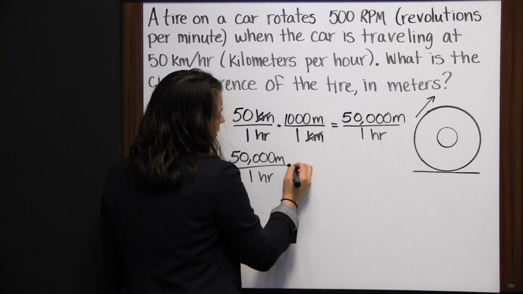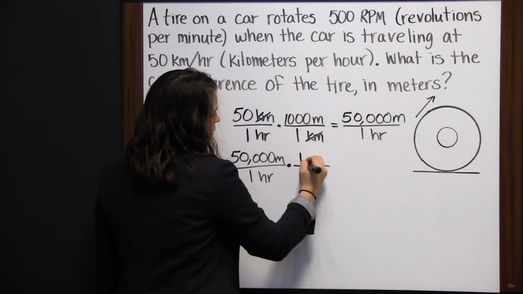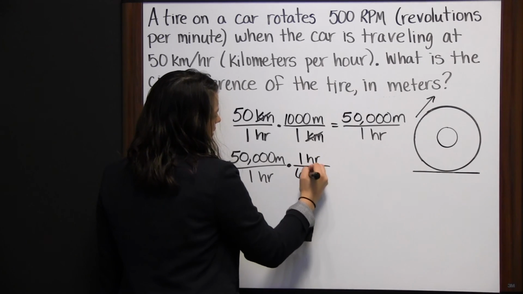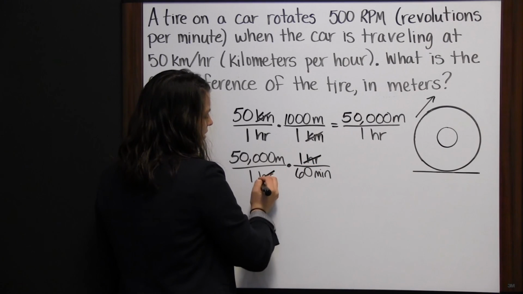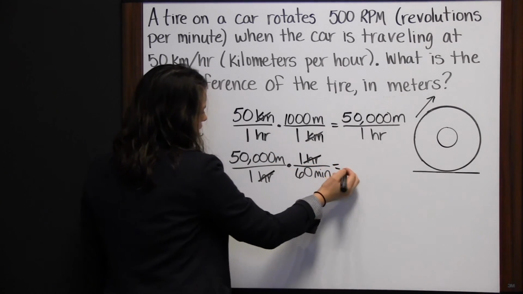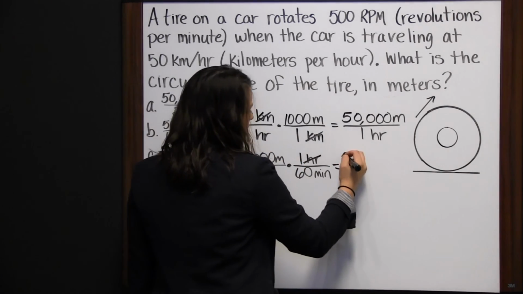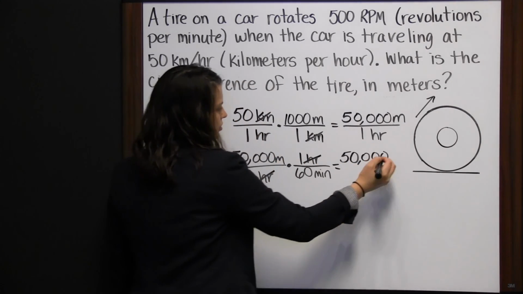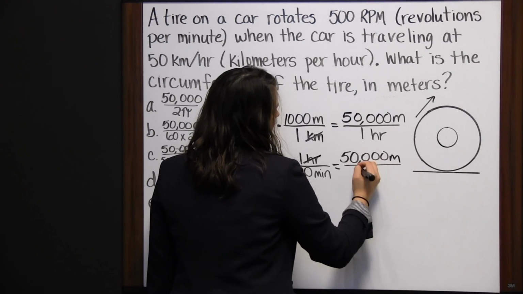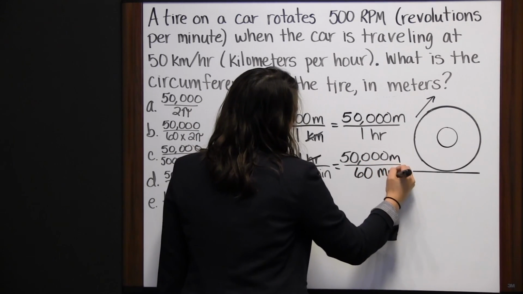So I'll multiply it by the conversion factor of 1 hour is 60 minutes. So again, my hours cross cancel since I'm multiplying fractions, and I get 50,000 meters every 60 minutes.